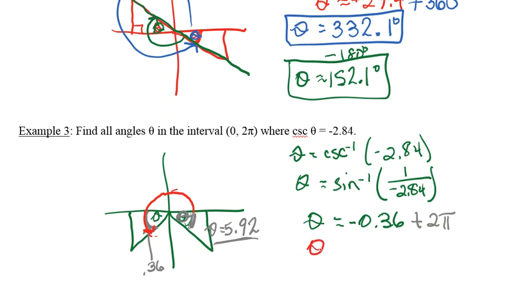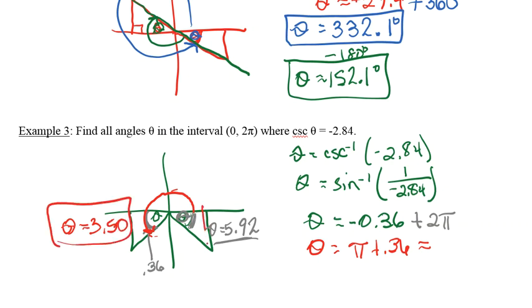So the second angle I'm looking for is going to be pi plus 0.36. So the second angle, this one in the third quadrant, is approximately 3.50. So there are my two angles.